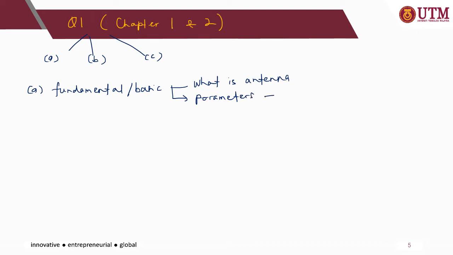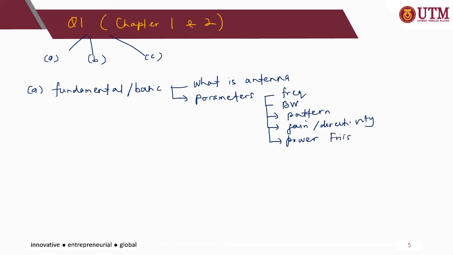For example, the frequency, resonant frequency, the bandwidth, radiation pattern, and then the gain, directivity, the power transmit and power receive, the Friis formula, okay, and etc. All about the fundamentals of antenna. Okay, the description and some thinking question and justification.